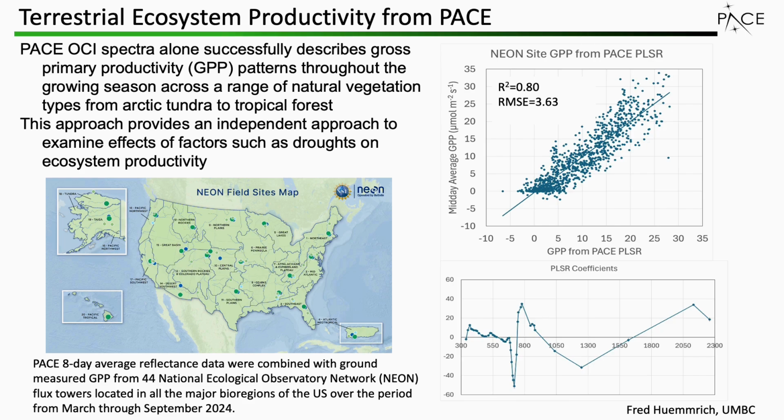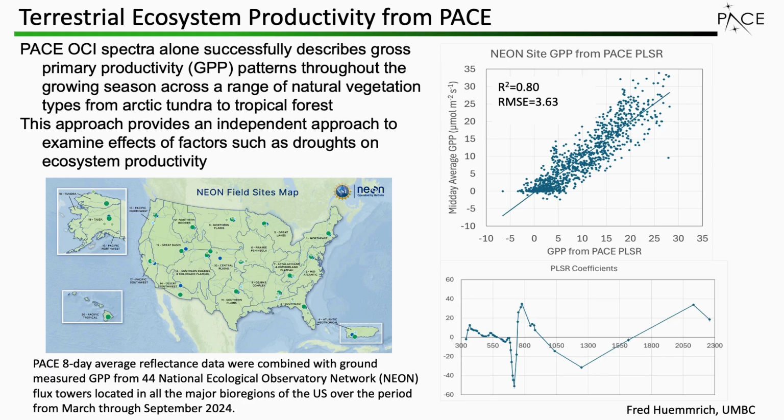I've looked at 44 different flux towers here, which represent vegetation types from tropical forests through Arctic tundra. The goal of NEON is to monitor ecosystems within the United States, and they have tried to put flux towers in every major vegetation type in the United States. So this is what we're capturing here.